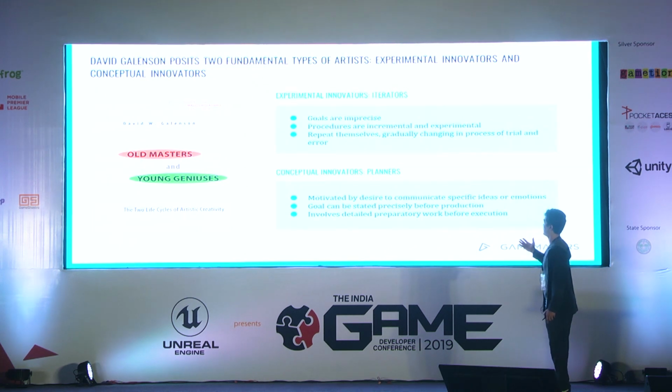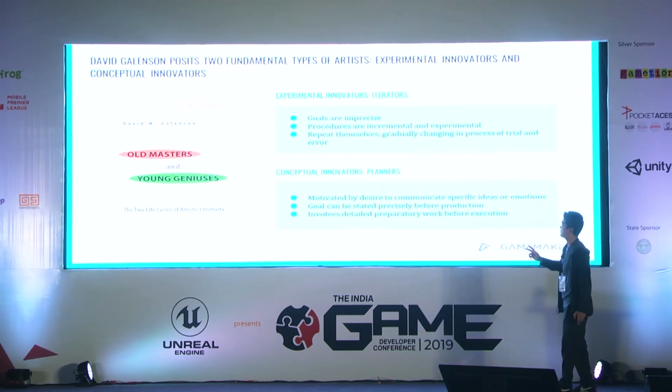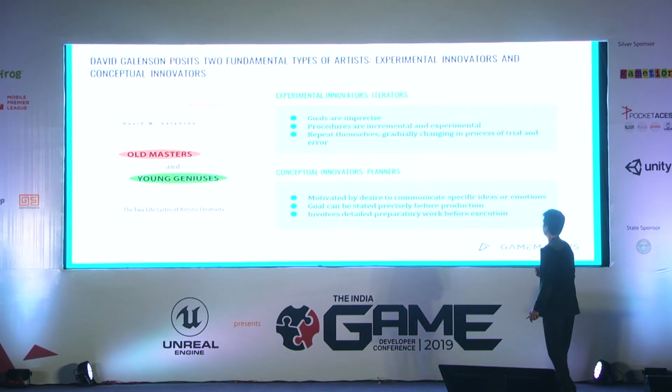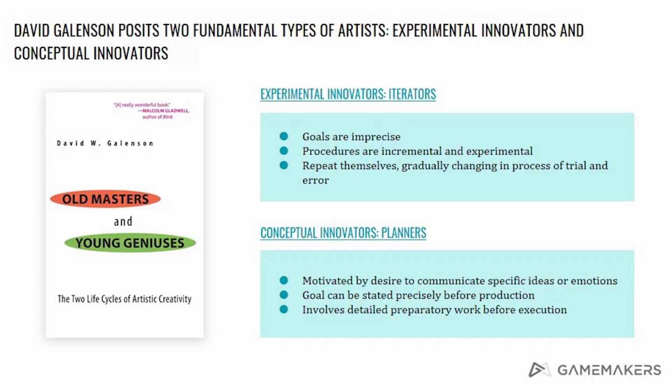I call them iterators, but these are artists whose goals are imprecise, their procedures are incremental and experimental, and they repeat themselves, gradually changing in a process of trial and error. This differs from conceptual innovators, which I simplified by calling them planners.